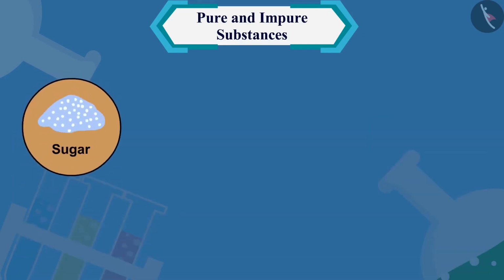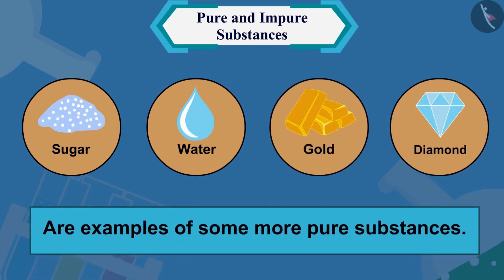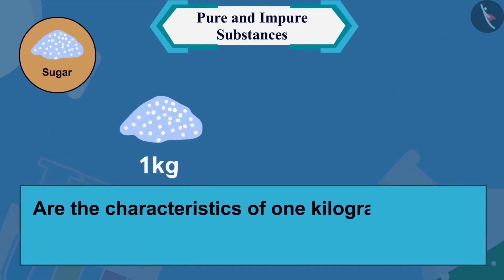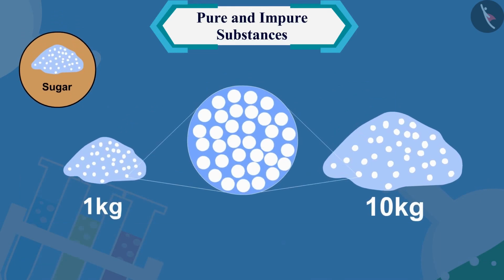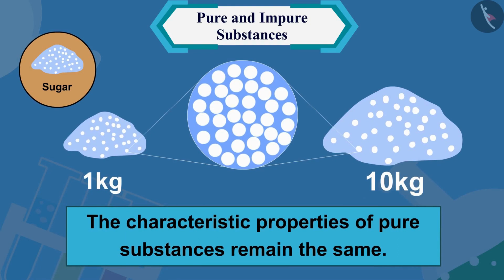Yes, sugar, water, gold, diamond are examples of some more pure substances. Are the characteristics of 1 kilogram of sugar and 10 kilograms of sugar the same? Yes. From this, we can conclude that the characteristic properties of pure substances remain the same.